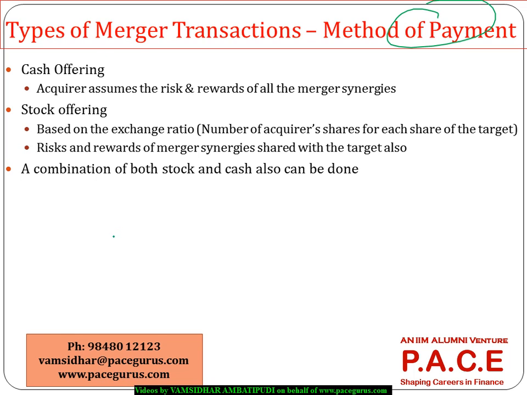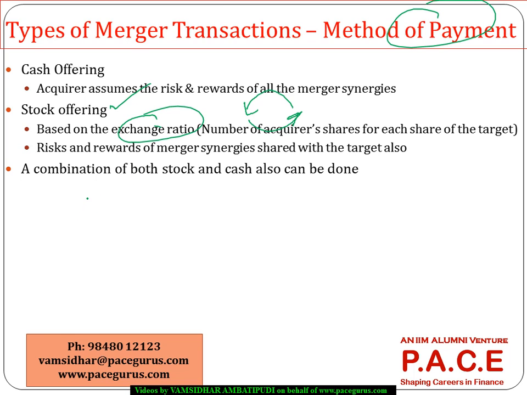But when we talk about the stock based offering, it is an exchange of stock. For one share of the target company, some X shares of the acquiring company will be given. That ratio is what we call the exchange ratio.